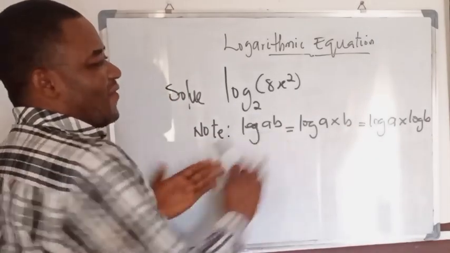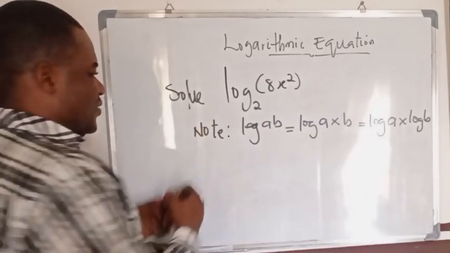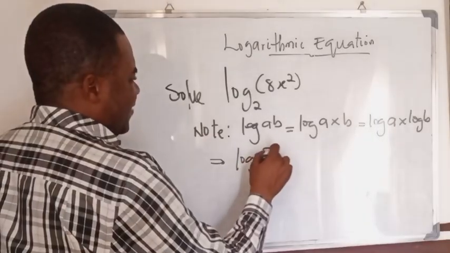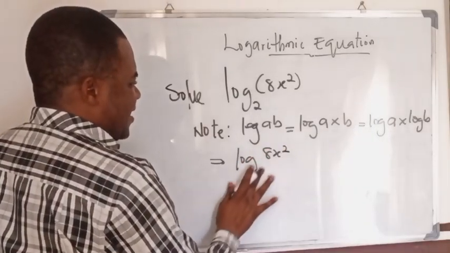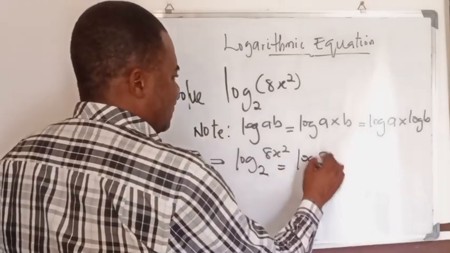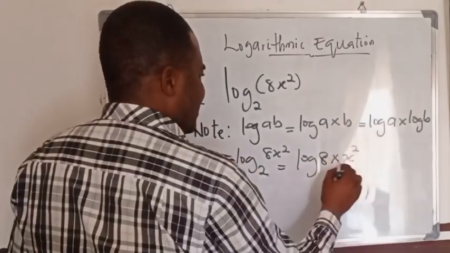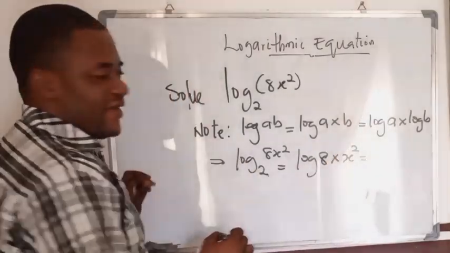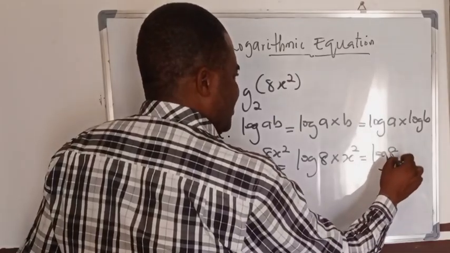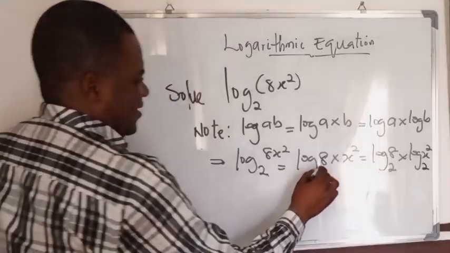Now, following this law of logarithm, we can expand this equation that we have. The log of 8x squared base 2 can be rewritten as the log of 8 times x squared, and this can also be written as the log of 8 base 2 times the log of x squared base 2.